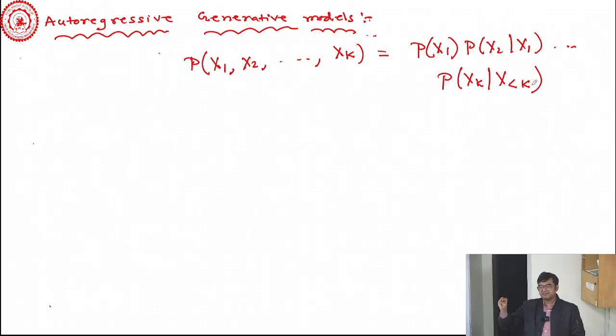That machine learning model is what decides whether it is a fully visible sigmoid belief network or NADE. If it is NADE, or neural autoregressive density estimation, then that machine learning model is a single hidden layer neural network. And if you are using the fully visible sigmoid belief network, then that model is a logistic regression. So the machine learning model you choose for expressing these conditionals will decide what algorithm you are using.